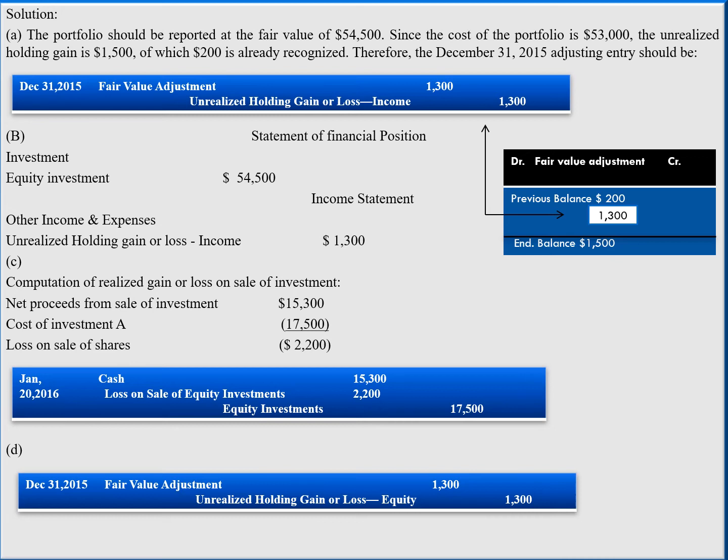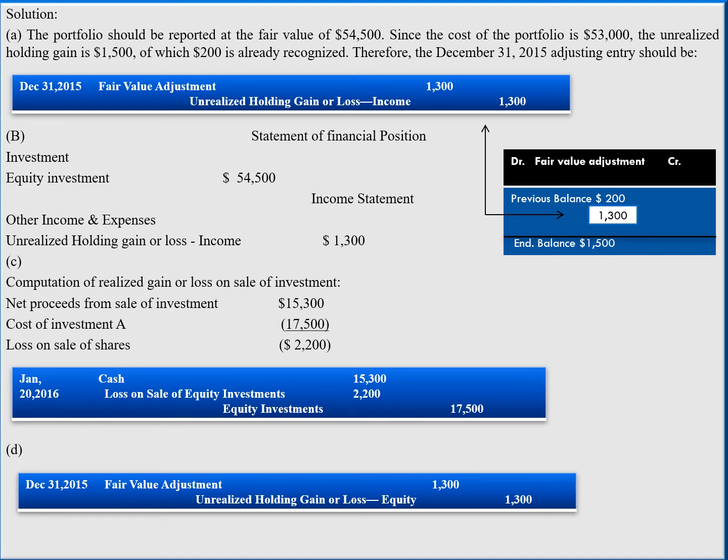This means the $15,300 represents net proceeds from sale of investment. What was the cost of investment? Given: $17,500. Since the cost of investment is greater than the net proceeds from sale of investment, this means I will have a loss on sale of shares of $2,200.